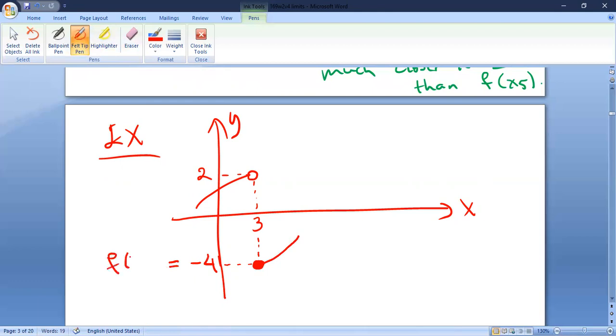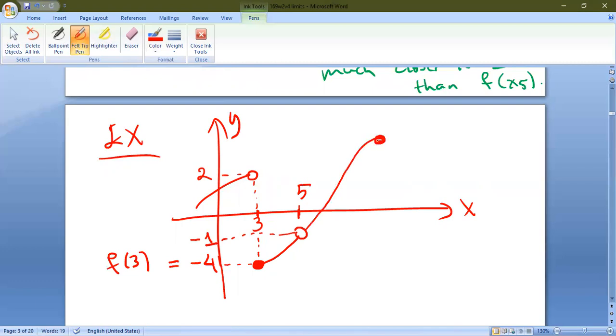So f of 3 is equal to minus 4, not 2. The empty circle means f is not defined as 2 at 3, but it's defined as minus 4 with the full circle. And then it goes somewhere like this, let's say happening at 5, and this value here corresponds to minus 1, but it still keeps going.